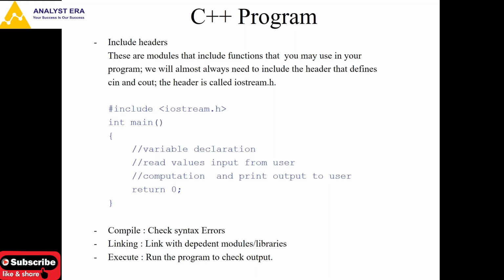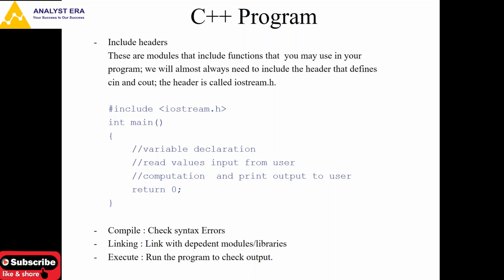But before that, I want to explain that there are 3 steps whenever we write a C++ program. The first step is to write the program, as we wrote here in blue color. The next one is compile. Compilation checks whether what we wrote is correct. If it has errors, this compilation step checks for syntax errors and shows you that there are some errors in your program.